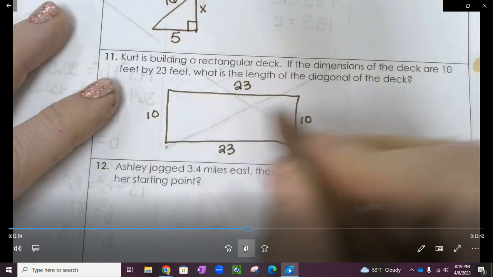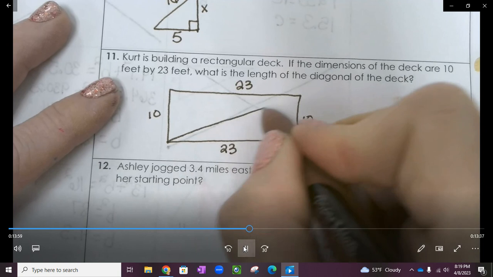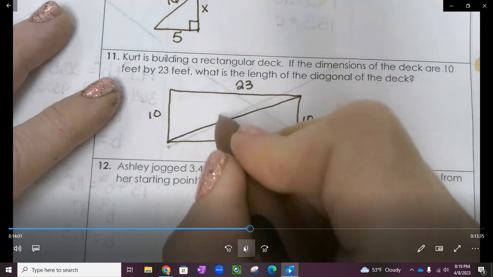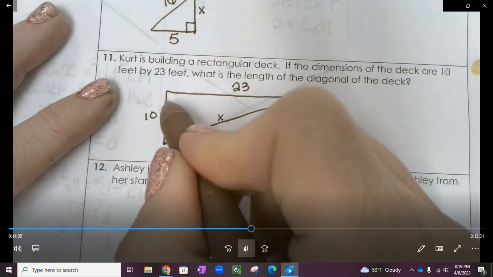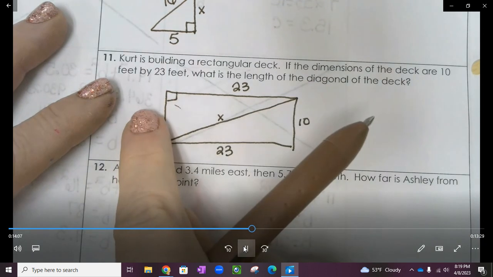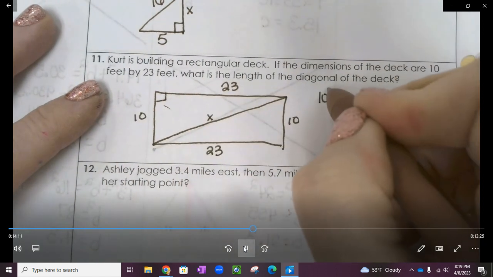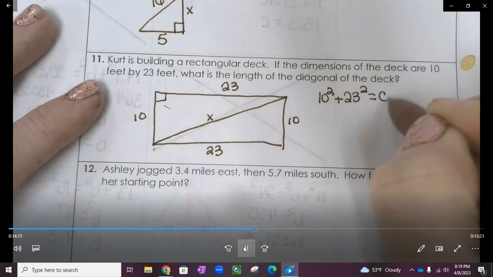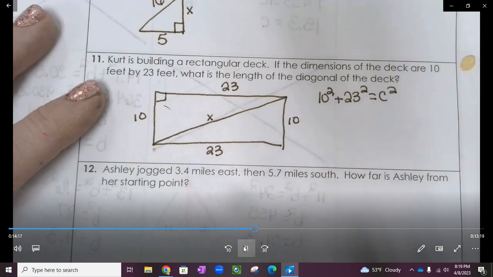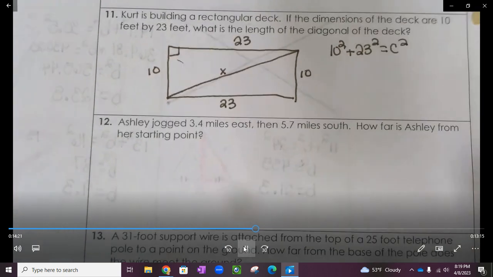Remember, in a rectangle, the diagonals are equal. Doesn't matter which one you draw. So let's go ahead and just put this one in. Okay, and so this is X. This is what we're trying to find. Right triangle. A squared plus B squared equals C squared. So we would go 10 squared plus 23 squared equals C squared to work that out. Again, I'm not going to work it out. I'm just going to see if you can set it up.